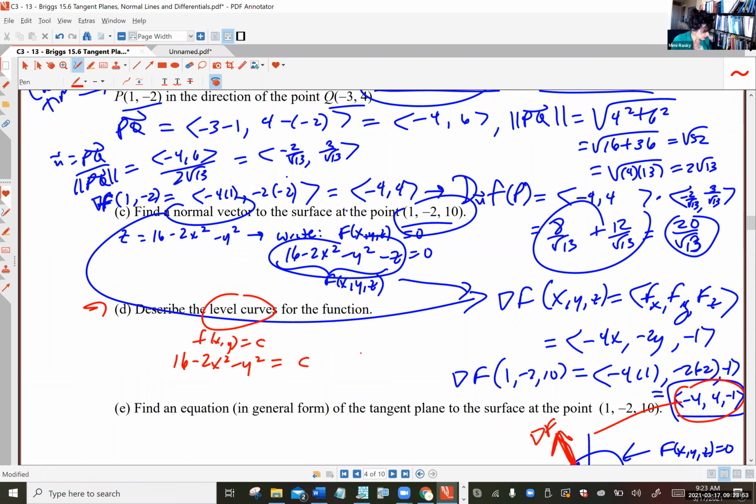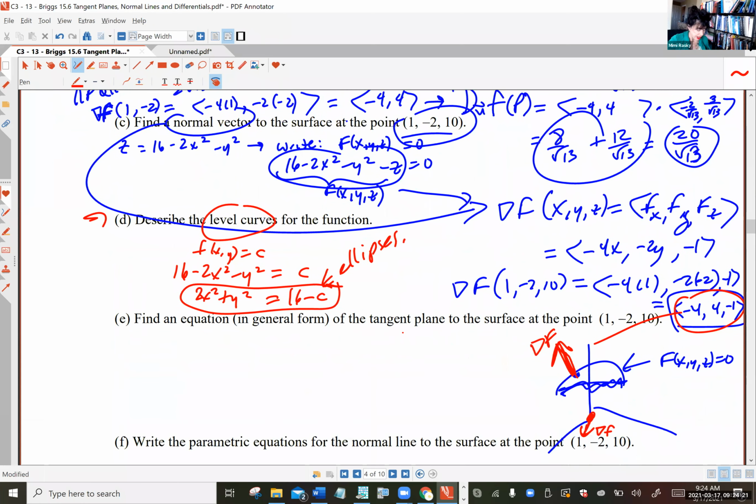And if you rearrange this equation, where you get the x squared and y squared on one side and the other junk on the other, I get something like this. What does this equation remind you of? I'll give you some choices. Circles, ellipses, hyperbolas, or parabolas. What does this remind you of? Ellipse. Yep. So the level curves for this function will be ellipses.